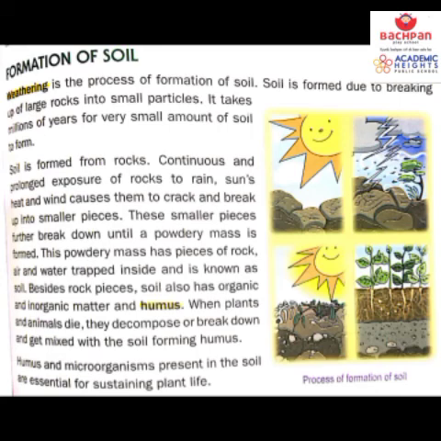The powdery mass, that is the soil, has some air trapped in it, water trapped inside it, and is finally known as soil.